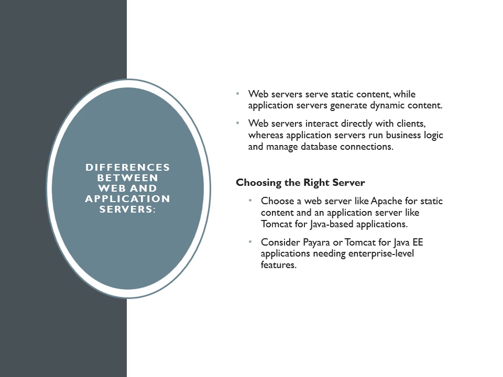So how do you know the right server? Choose a web server like Apache for static content, and an application server like Tomcat for Java applications. This is just an example. Consider Payara or Tomcat for Java EE applications needing enterprise-level features. Choosing the right server depends on your needs.